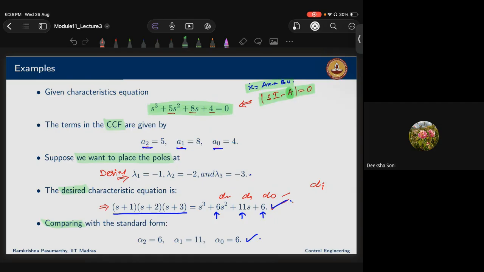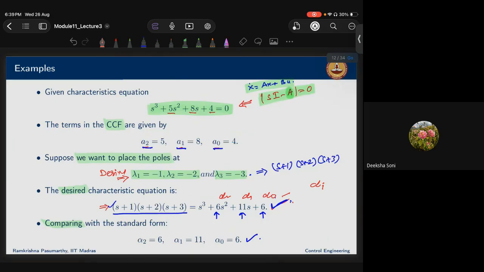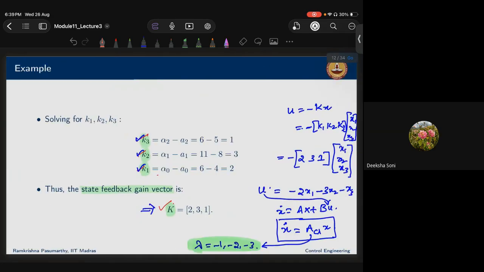Now we want to place these poles at new locations, -1, -2, -3. So from here we can write (s plus 1)(s plus 2)(s plus 3). This is our desired characteristic polynomial. Now compare with alpha 2, alpha 1, alpha 0 from here, and you'll get the values of K1, K2, K3.